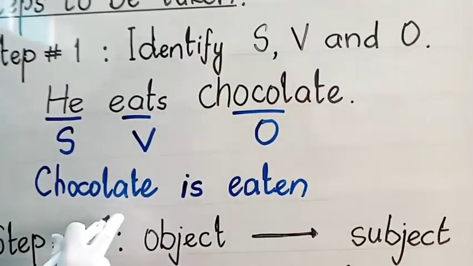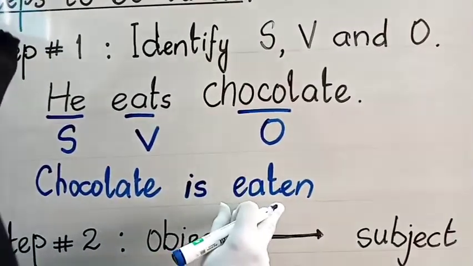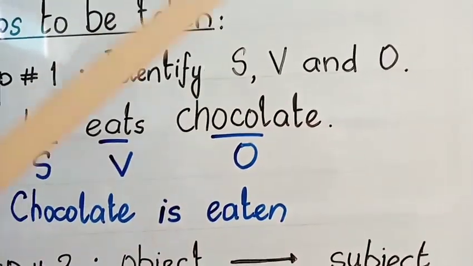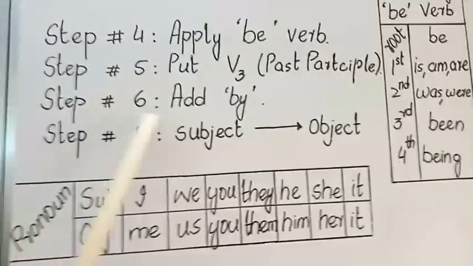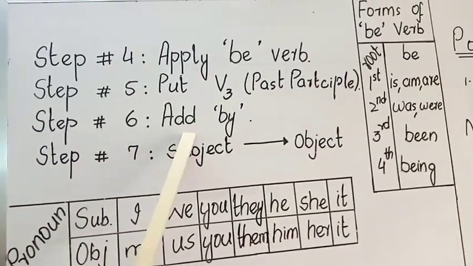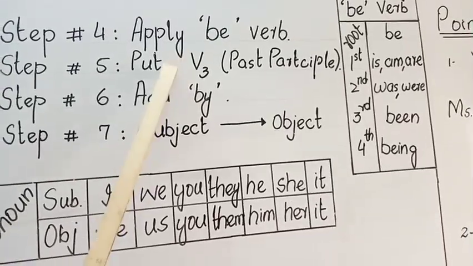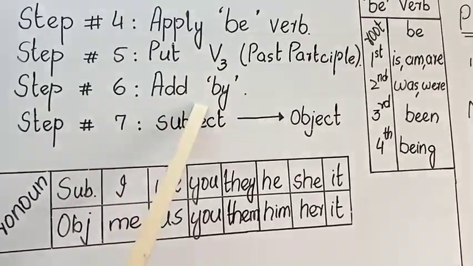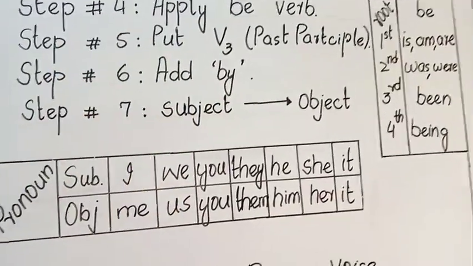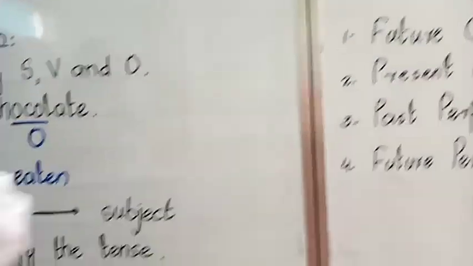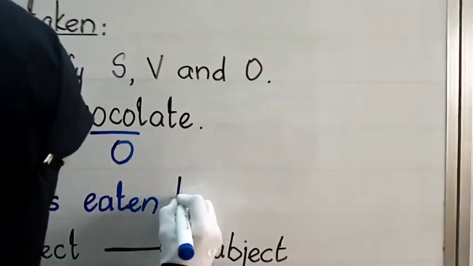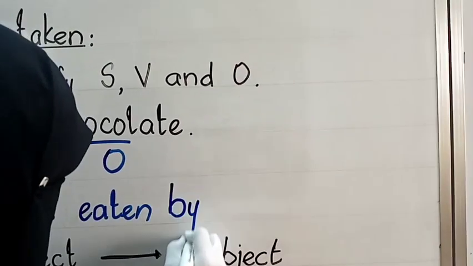So now the sentence is chocolate is eaten. Now look, what is the next step? Next step is step number 6, add by. So after the main verb, after V3, we have to write the preposition by here. So we will write by here.